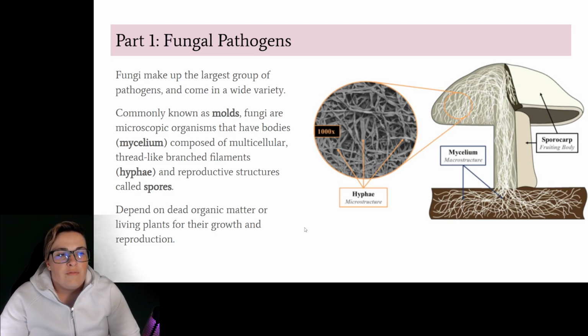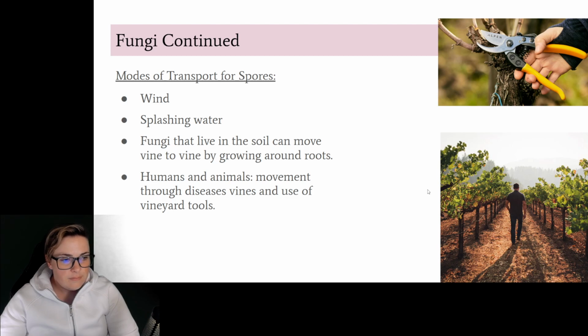So a lot of preparation or prevention towards fungal pathogens is just keeping your vineyard clean and general health maintenance that way. If you have any decaying berries, fruit, leaves, anything like that, that will encourage the growth of fungal pathogens. So just keeping it hygienic is the most important thing you can do.